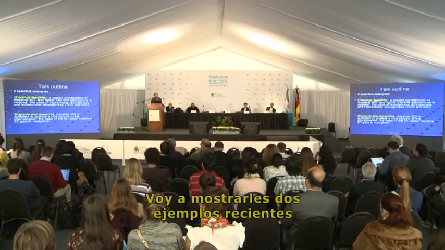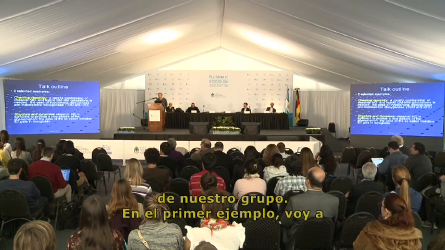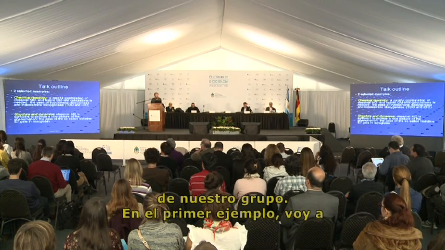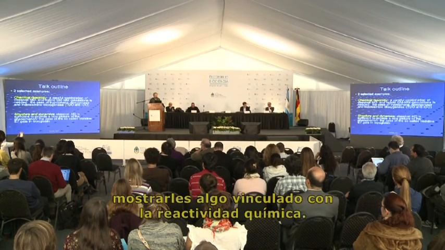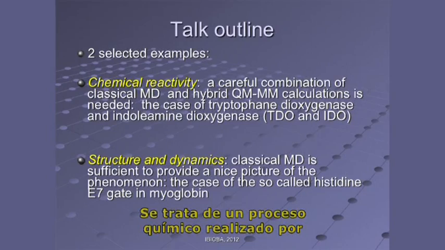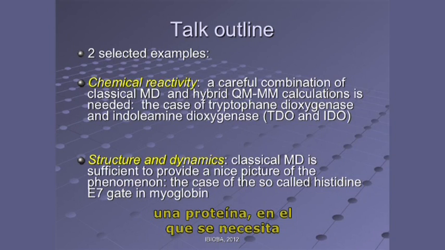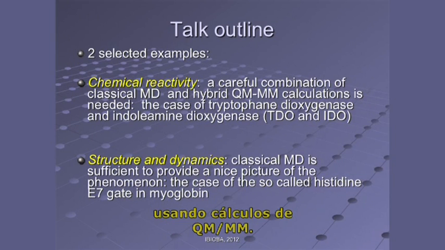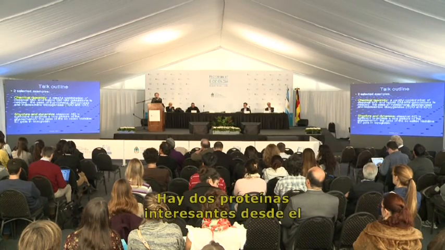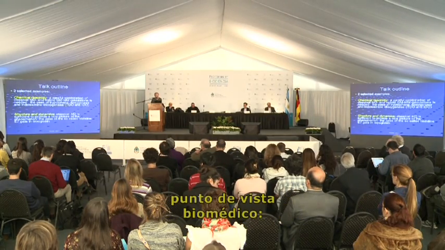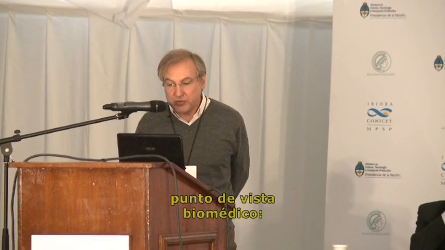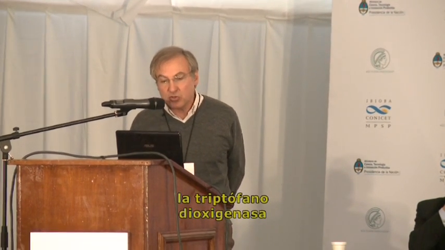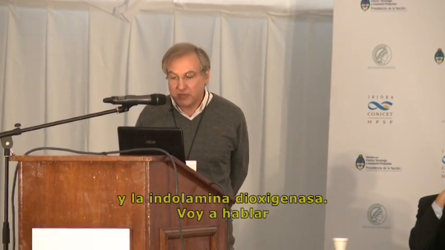So I'm going to show you two recent examples from our group. In the first example, I'm going to show you something regarding chemical reactivity, a chemical process carried out by a protein in which we need quantum chemistry. We are going to show results using QMMM calculations. There are two proteins very interesting from the bio and medical point of view. One is tryptophan dioxygenase, and the other is indolamine dioxygenase.